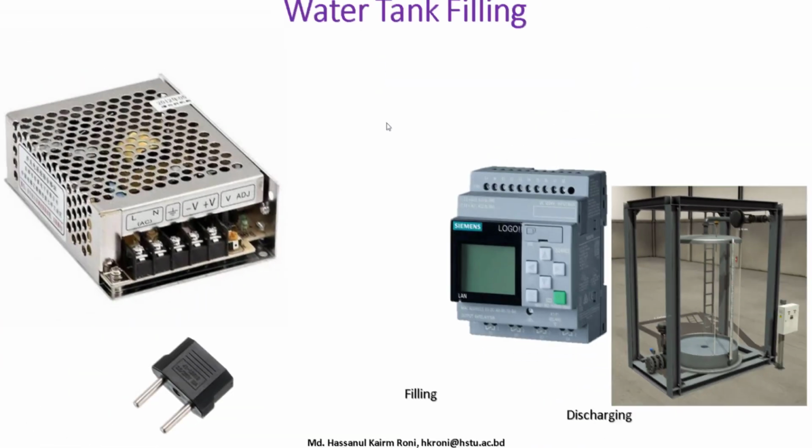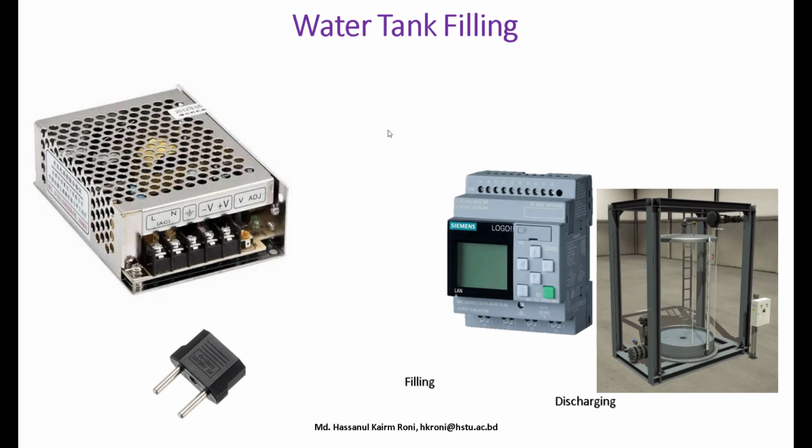Before going into the hardware demonstration, let's see the hardware diagram first. Here we'll first feed in the AC line, then we'll get 24 volt DC and ground from the power supply. We'll insert that power into the PLC to power up the PLC. Then we need to power up two switches.